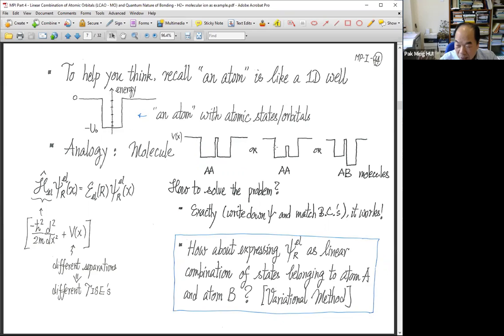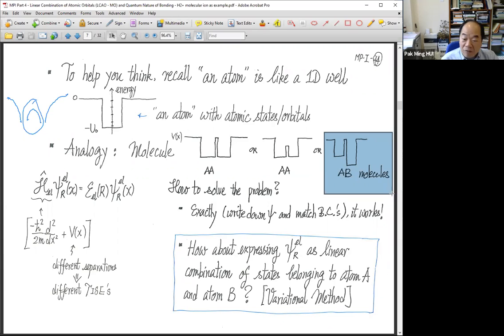Even more similar to our problem, we saw that the potential in the middle is shallower because of minus plus minus. So it's even more like this. But if you have two different atoms, that's fine. How about one shallower well and one deeper well? So this is an A atom, this is a B atom, that will be an AB molecule.